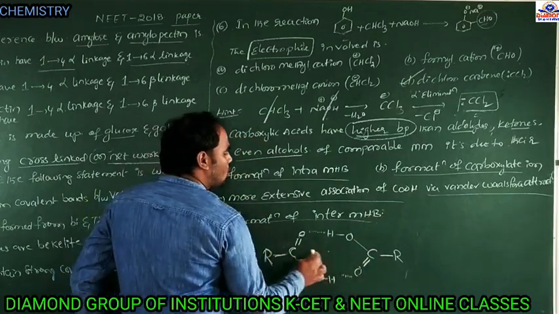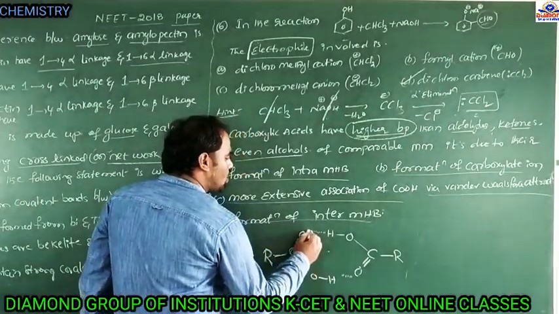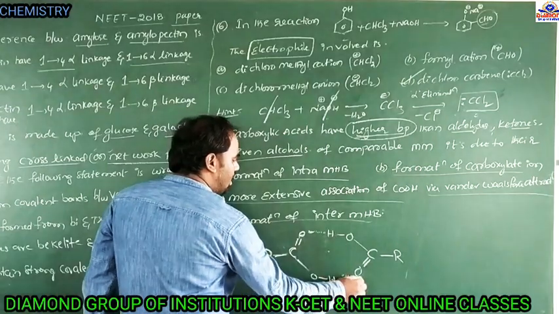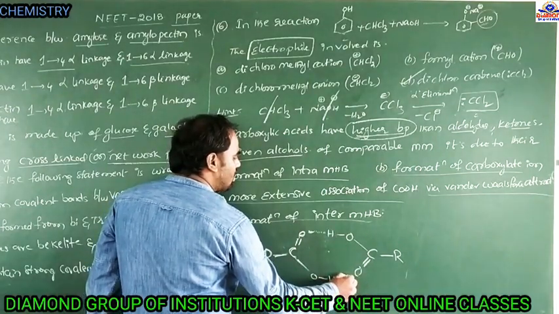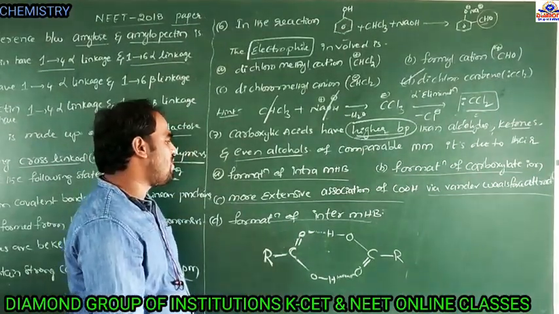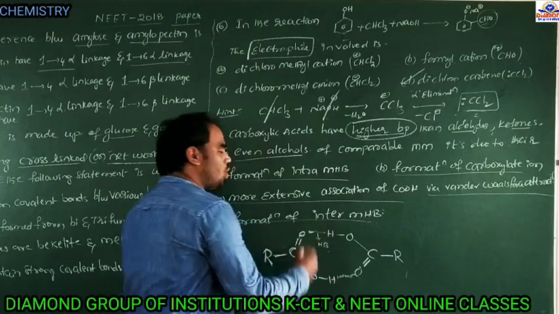In between these two, one carboxylic acid and another carboxylic acid, here oxygen, here hydrogen, and here oxygen, here hydrogen. In between the oxygen and hydrogen, a force of attraction is present. That force of attraction is called a hydrogen bond.